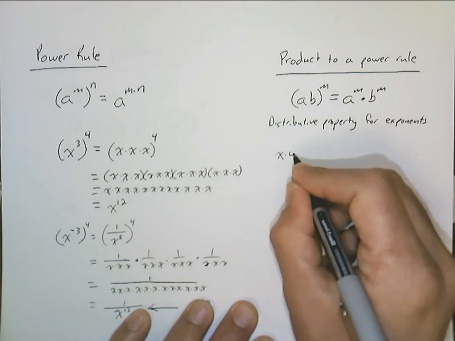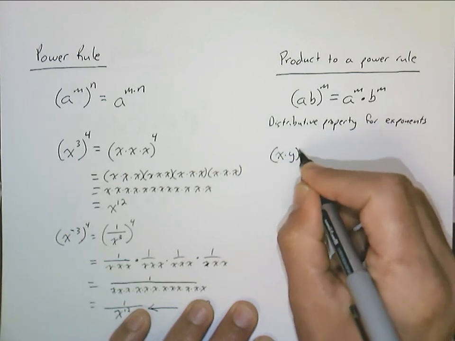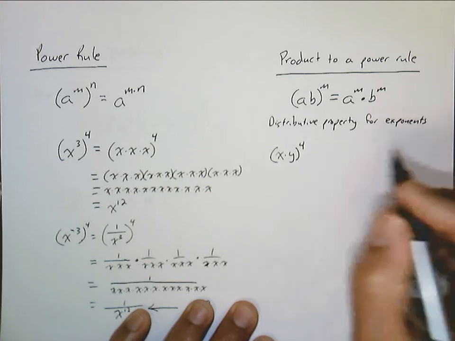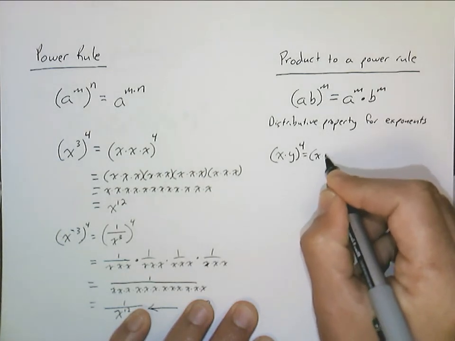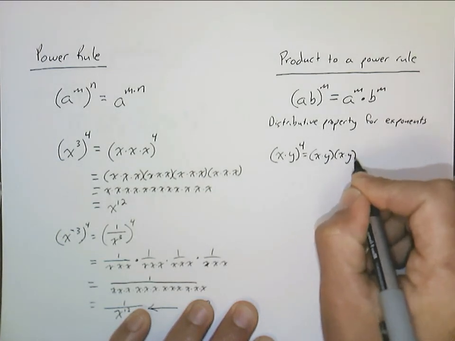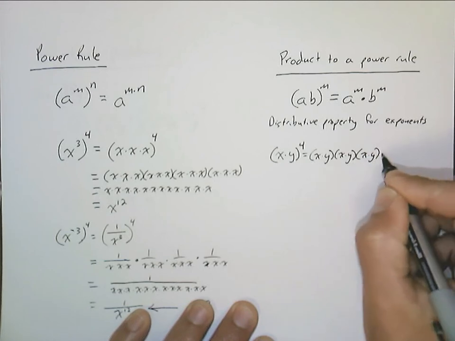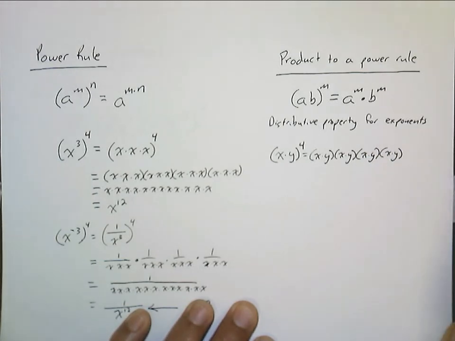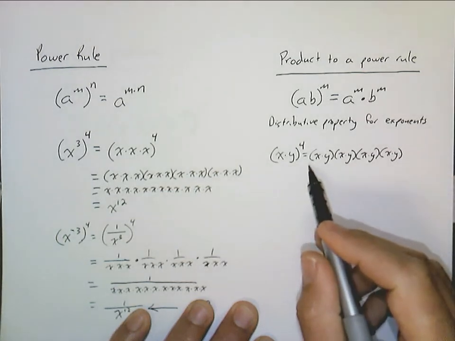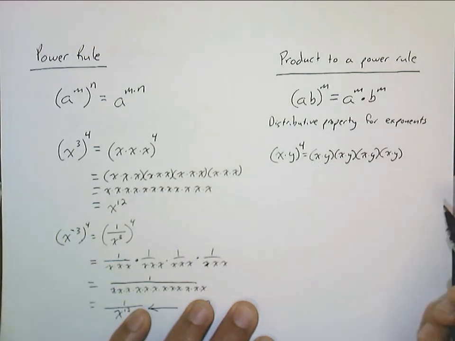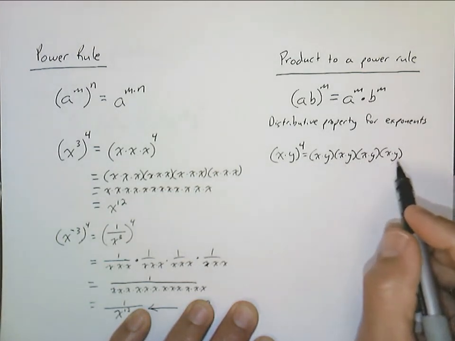Suppose we have x times y raised to the power of 4. Well, that is just x times y times x times y times x times y times x times y. And again, by the associative property of multiplication, these parentheses don't actually mean anything.